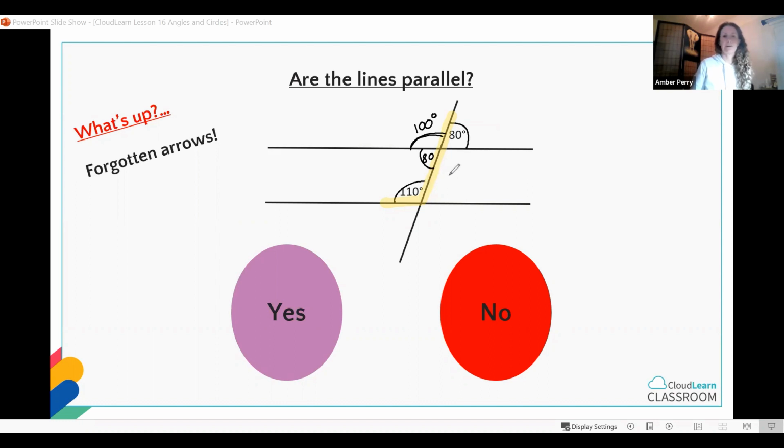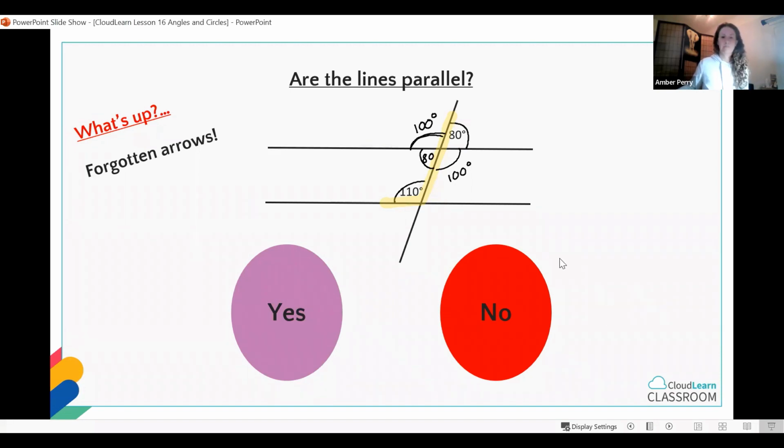That's 100. So you can see now that these are 100 and these are 80. But this one is 110, okay? So the corresponding angles are not the same there. So no, these are not parallel. So well done to the 67% of you that said that they are not parallel. Really, really good job. Well done.